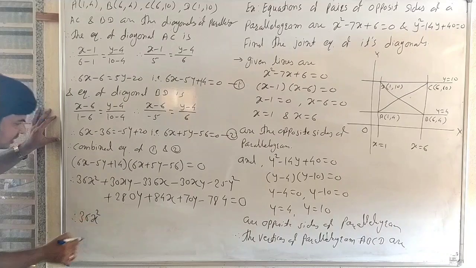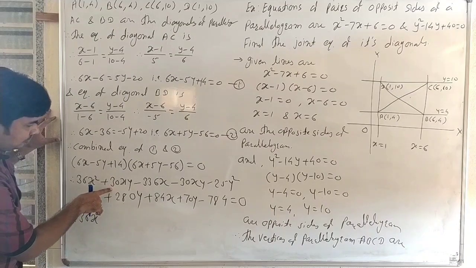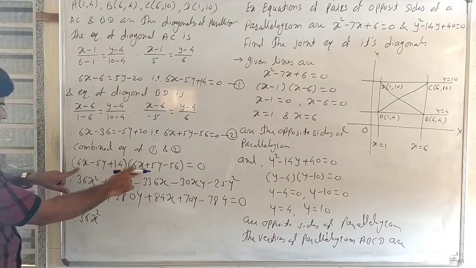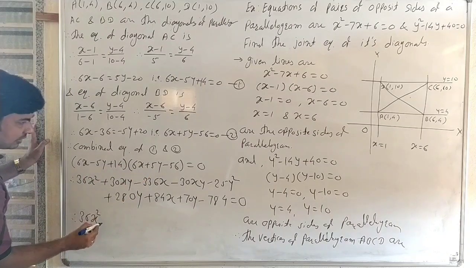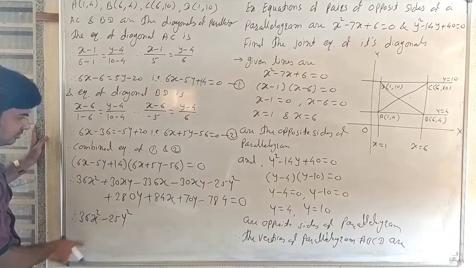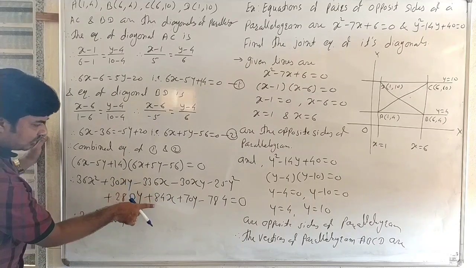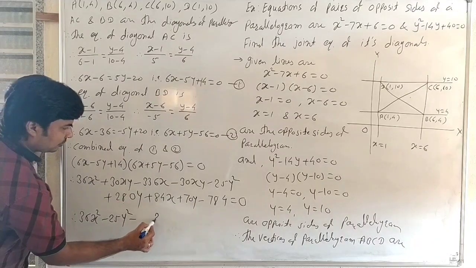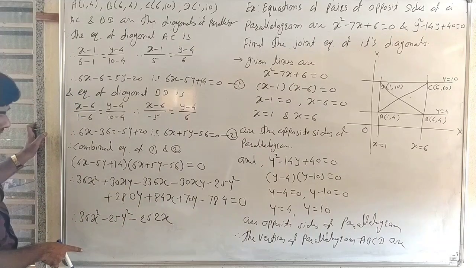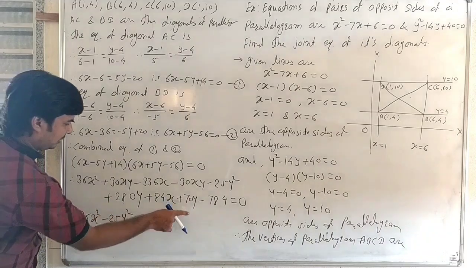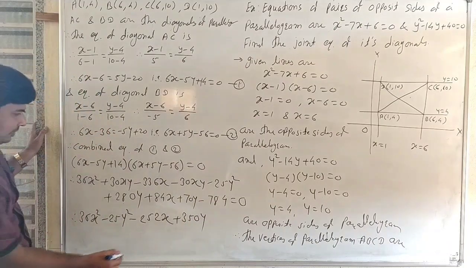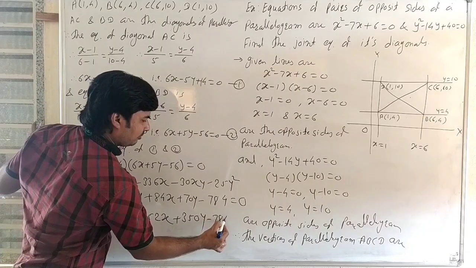Therefore the last answer: 36x square, the 30xy and minus 30xy get cancelled, minus 25y square, then x: minus 336 plus 84 is minus 252x, then y: 280 plus 70 is 350y, and last minus 784 is equal to 0.